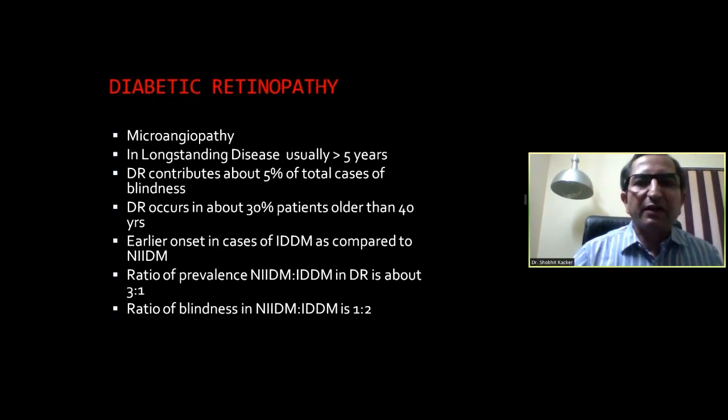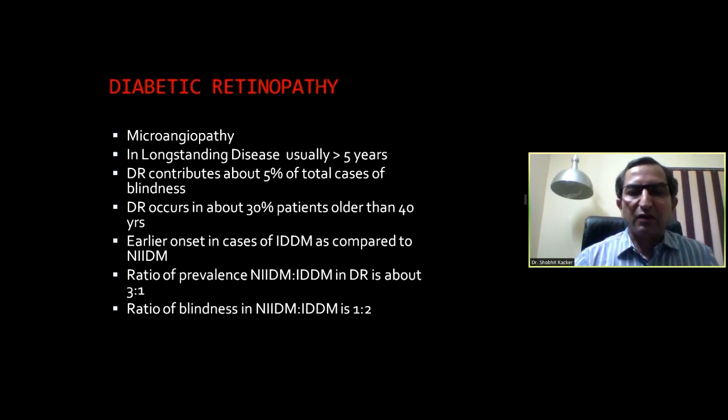So basically, diabetic retinopathy is a microangiopathy which affects the small-sized capillaries to begin with. In long-standing diabetes, usually more than 5 years of duration, it contributes about 5% of the total cases of blindness in the world. And the retinopathy occurs in about 30% of patients who are older than 40 years of age. The retinopathy occurs earlier in patients with insulin-dependent diabetes as compared to patients with non-insulin dependent diabetes.